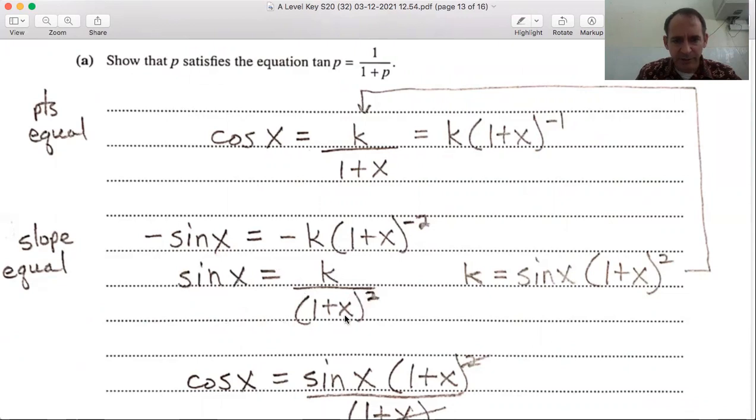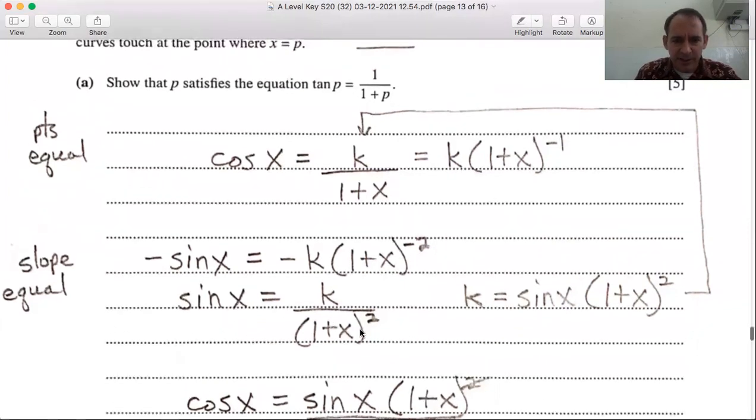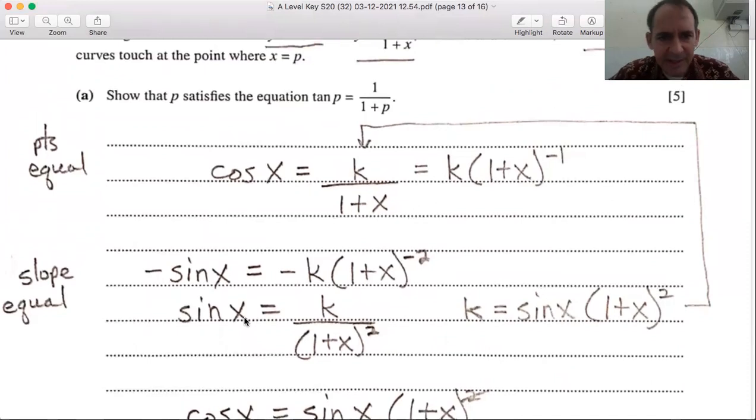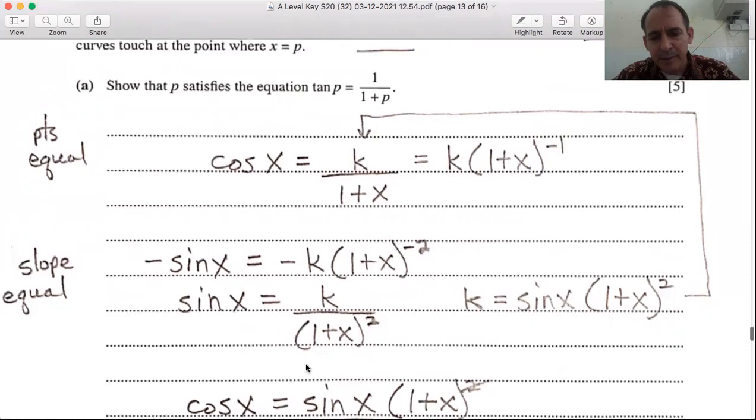Sine x equals k over 1 plus x squared. And that's kind of where you stop. When you look at this and you look at this up here, you can't just divide by cosine to get your tangent, because then you'd have to divide by cosine over here. Doesn't really help us to get this right-hand side of the equation.